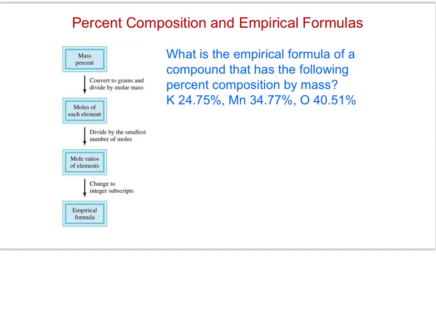Okay, so on the left here is a general workflow. If you're given a mass percent, you can convert that into grams. The easiest way to do that is to assume you have 100 grams of your substance, of the compound.